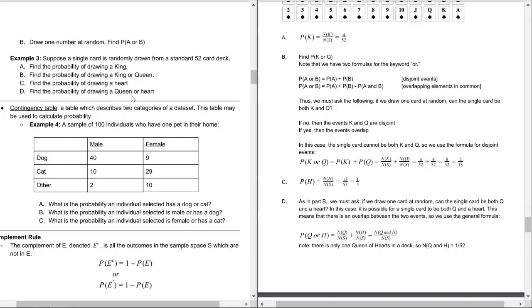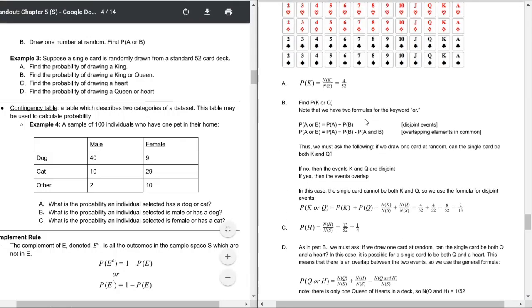Okay. Now, this is going to lead into part D, where part D says, find the probability of drawing a queen or heart. Okay. So it's the same thing as before. We see the keyword or. There are 2 formulas when it comes to the keyword or. We need to ask ourselves, is it possible for queen and heart to happen in a single card?